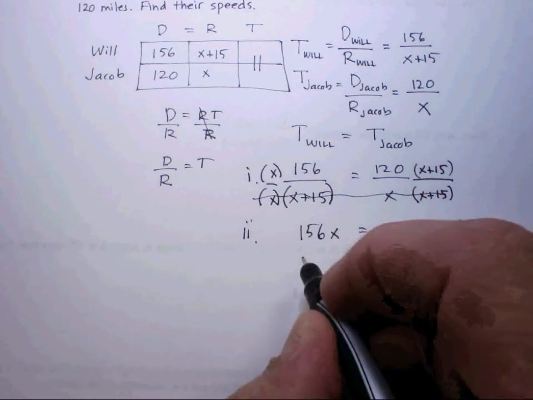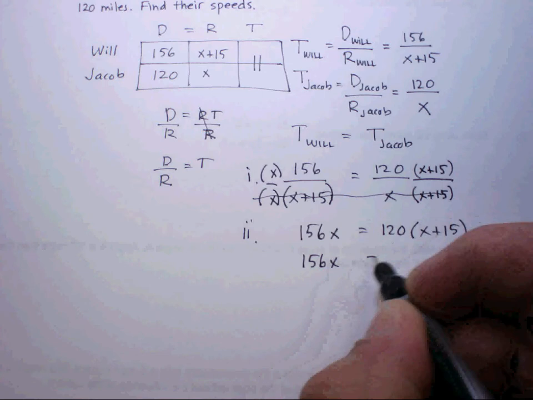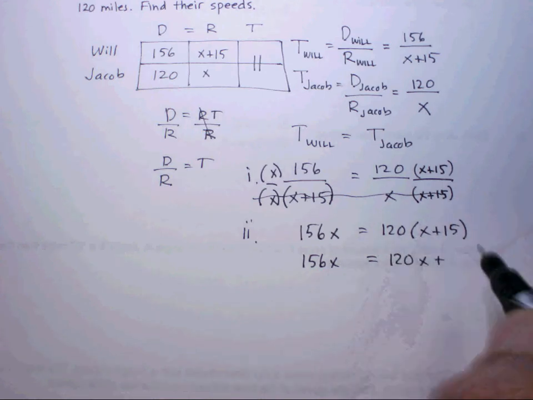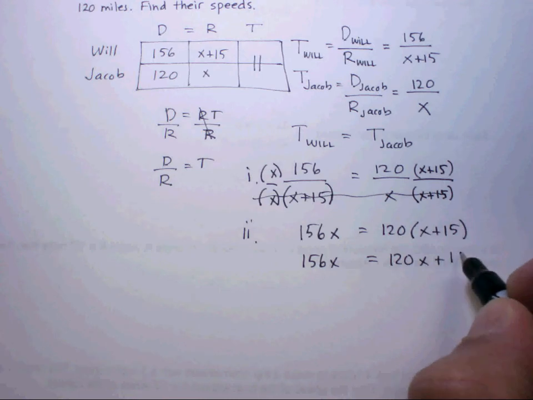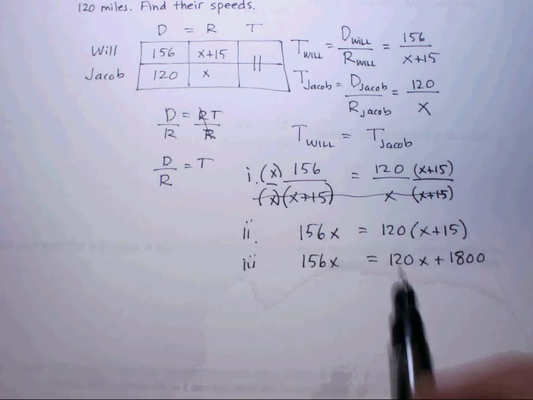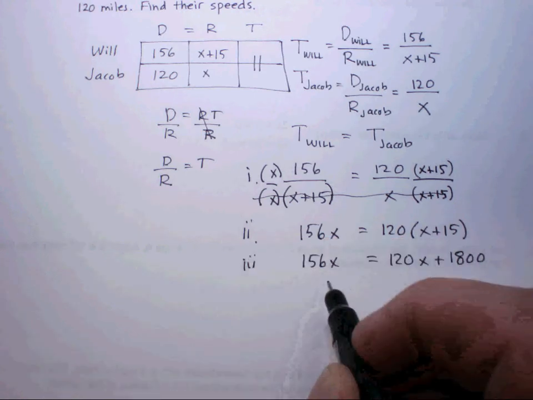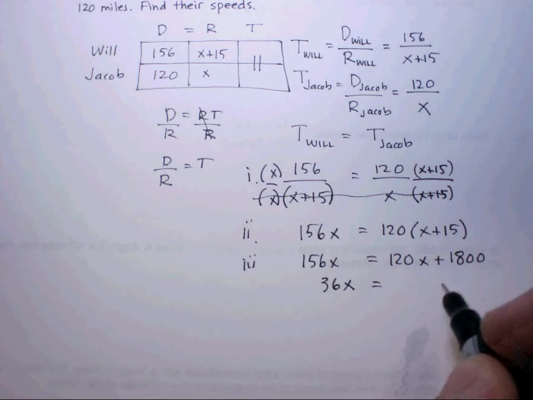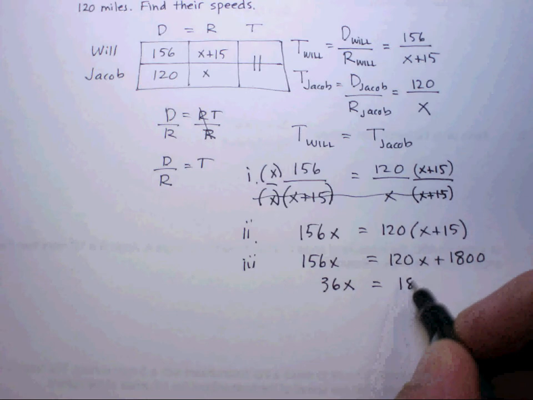Since these two sides are the same, get rid of them. My second step gives me 156x is equal to 120 times x plus 15. Okay, getting closer. Now I get 156x is equal to 120x plus that times that, which is 1,800.